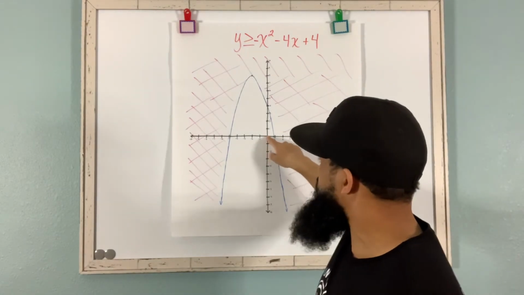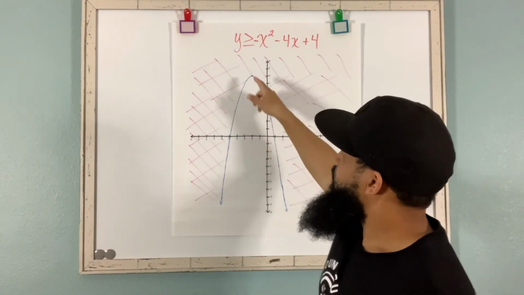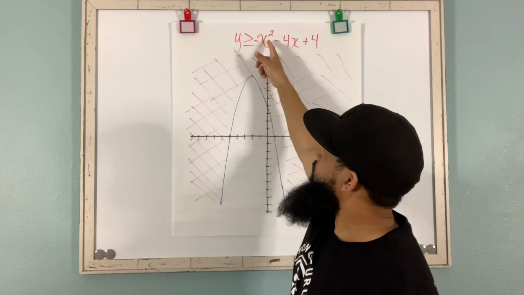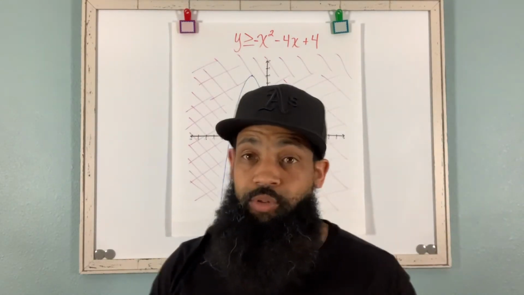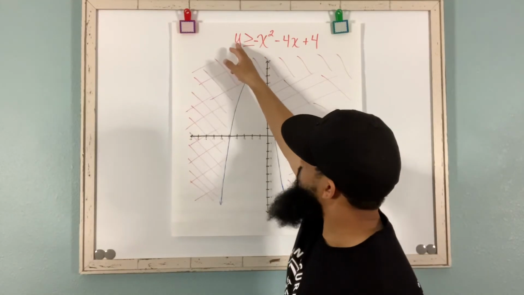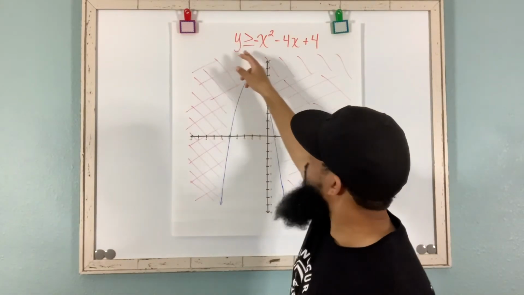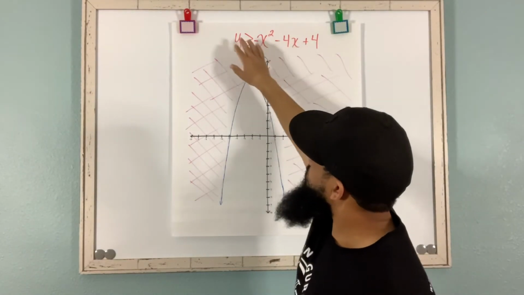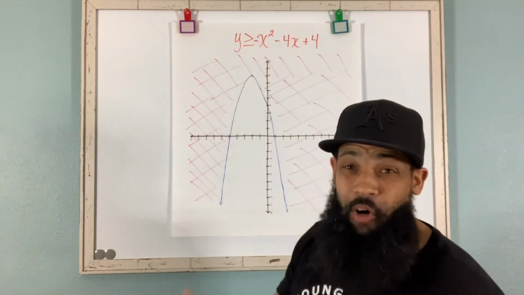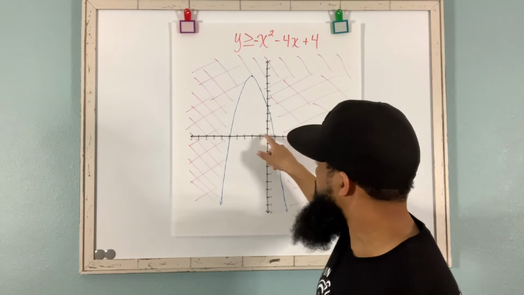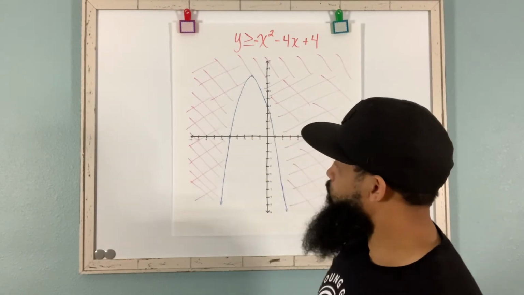So if I substitute 0 for x and 0 for y, I should get a true statement. In this case, 0 is greater than or equal to 4 is a false statement. So that tells me that this is not part of my solution.